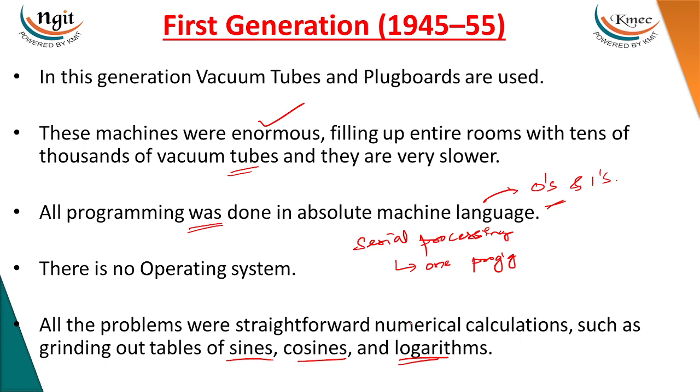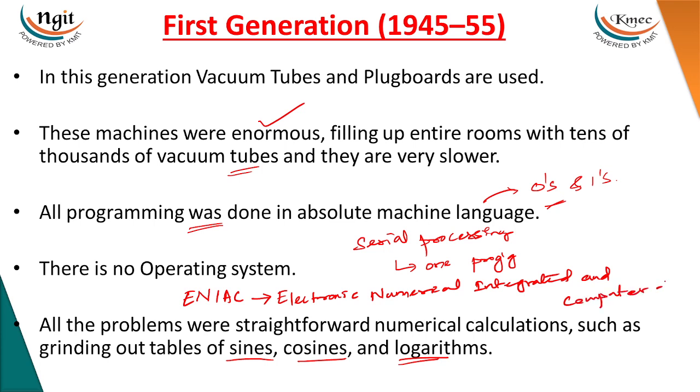Okay. So almost the first computer designed in this generation is ENIAC. What is ENIAC? The full form is Electronic Numerical Integrator and Computer. So this is called ENIAC.